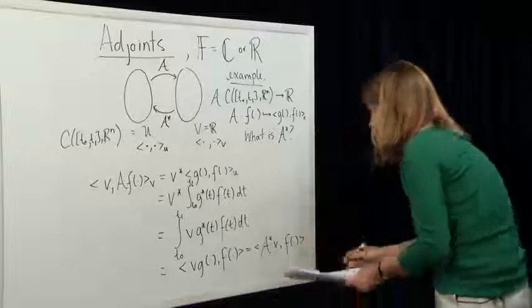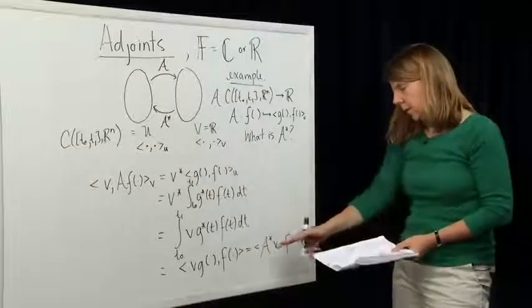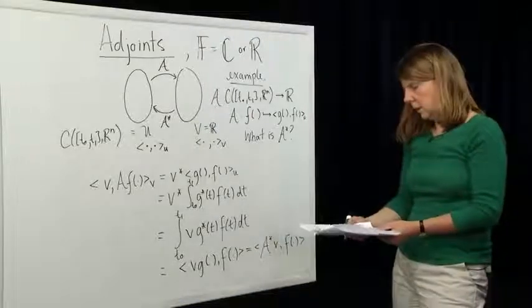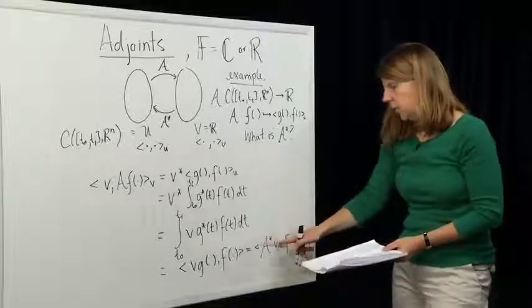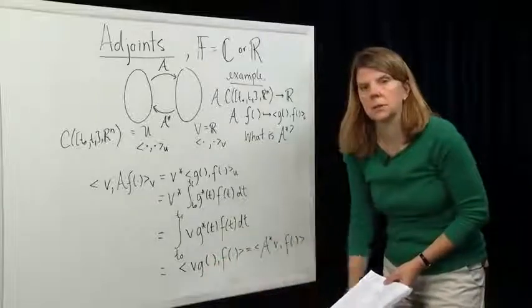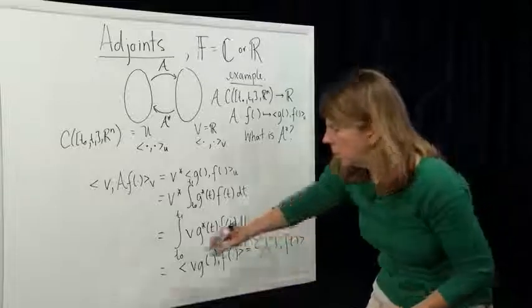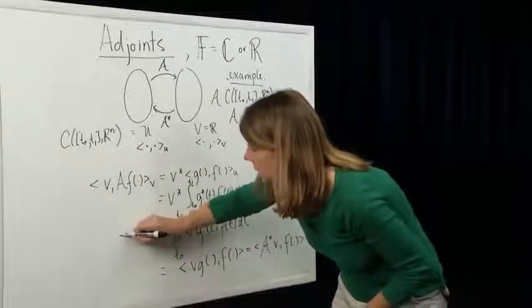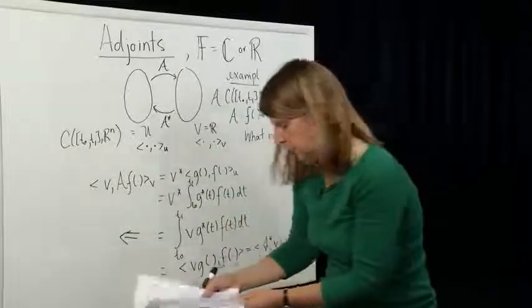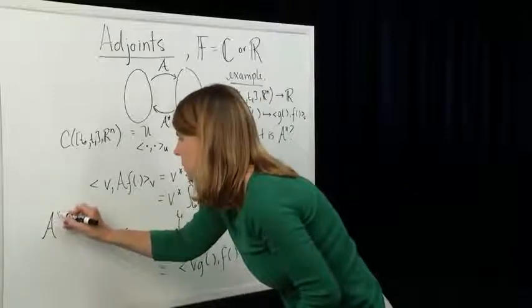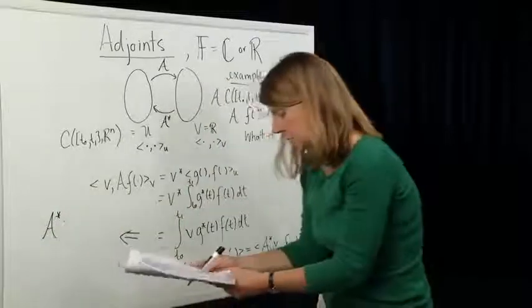inner producted with F, it tells me that the operation of A star is to take an element V and to multiply it by this function G. So basically from this analysis, we extract what A star is.